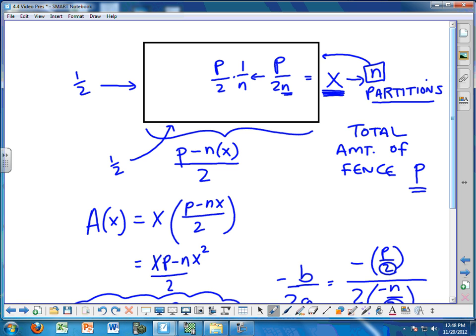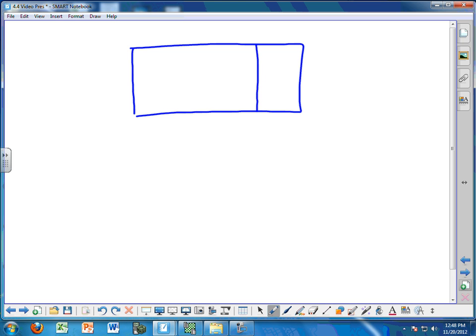Now let me finish this out by creating an example that's now easy to compute. So let's try that. We'll make a rectangle, and we'll say, let's have a given number of partitions. So here we go, and this will be our x, and then this will be our other side. And for example, here we want to maximize the area.